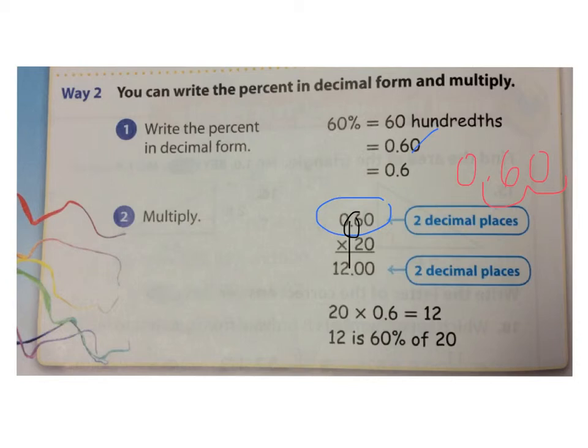Nadia? You take that number of numbers. Are there any numbers after the decimal point in the 20? No, right? So then how many numbers total in all of the factors do I have after the decimal point? 2. So that means in my product, I also need 2. Good. So the answer still remains the same. 12 is 60% of 20, right?